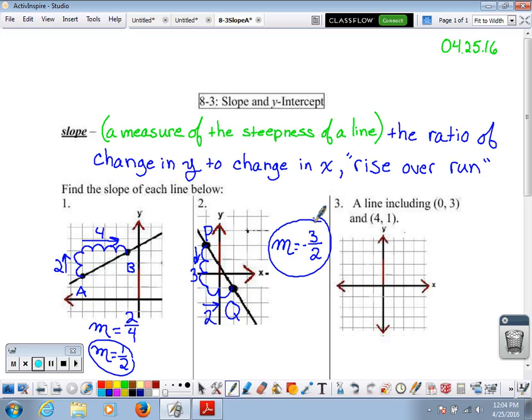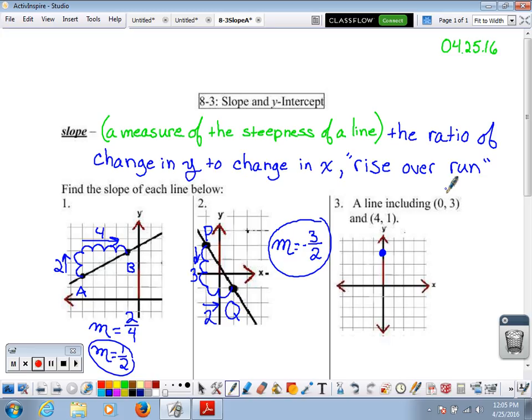Okay, number 3. Number 3 is a little bit different. They didn't give us the graph, so we've got to put these points on the graph. Well, I think we can handle that. The point 0, 3. Where would I plot 0, 3? I would just go up 3. Okay, 0 steps left to right, 3 steps up.